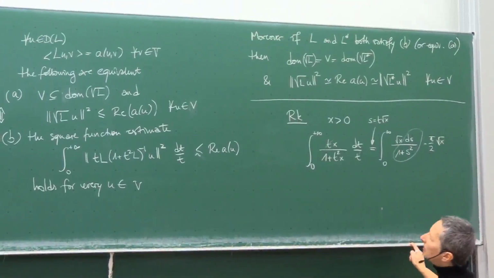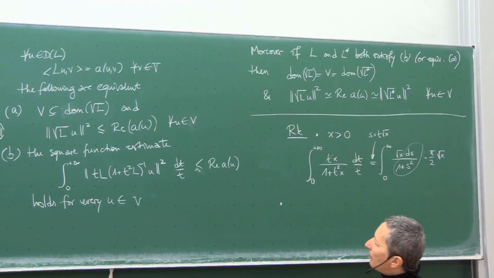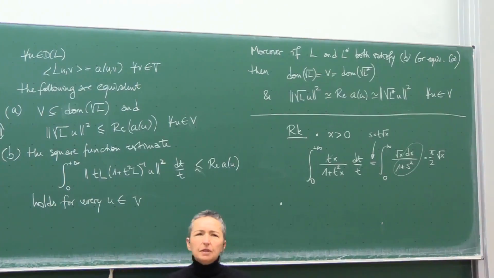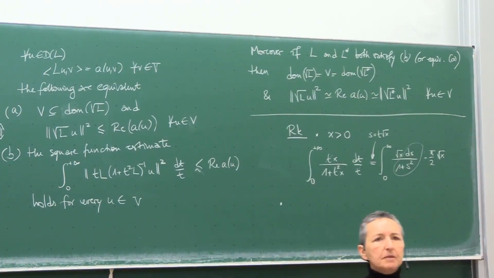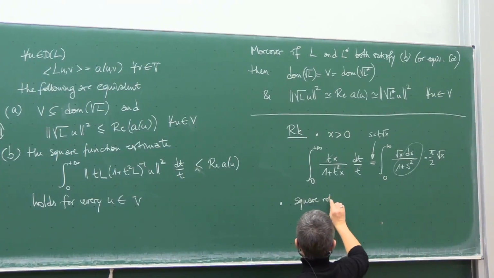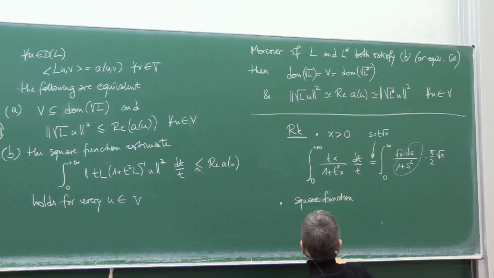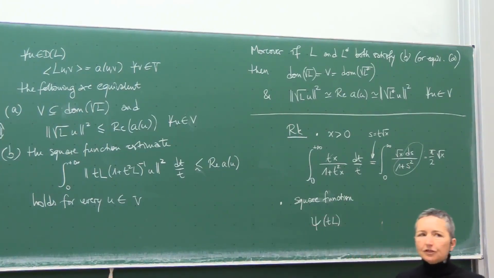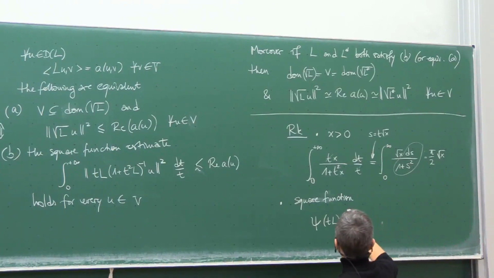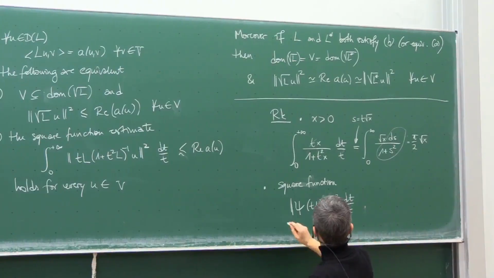Maybe another remark. So that was the first one, and the second one is that, compared to the square function estimates you already know, for psi a good function, what you know is the integral from 0 to infinity of psi of tL applied to u, squared, dt over t.